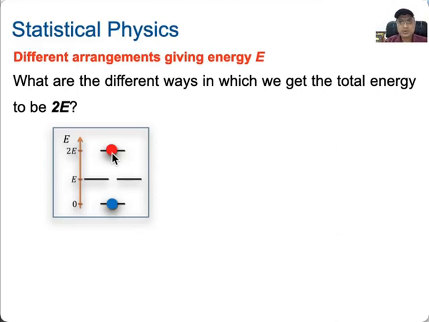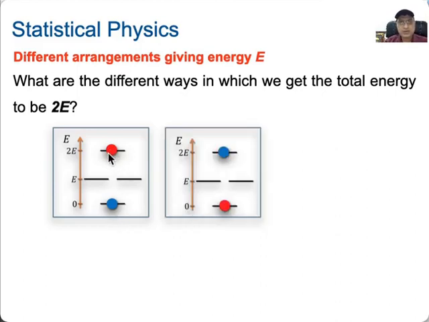So I'm going to have two labels, one red and another blue. And the other possibility, because these are distinguishable particles, is that my blue particle has energy 2E and the red particle has energy 0, so that the total energy of the system again is 2E, because 2E plus 0 is 2E. And in this case also, where my red particle has energy 2E and the blue particle has energy 0, the total energy is 2E.